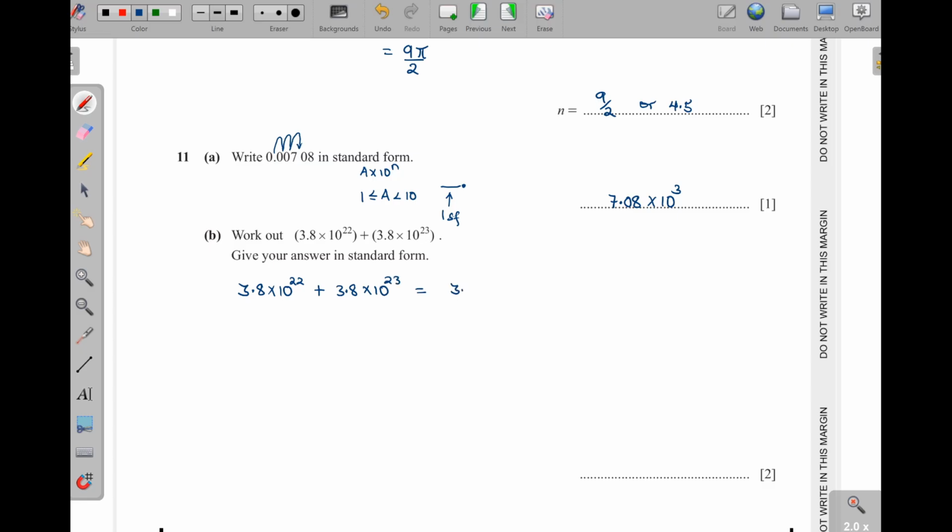This is what you do. First of all, this 3.8, we have to do something to it. But for this one to become times 10 to power 23, this one must be having times 10. Okay, we shall have something like times 10 to power 1, then also times 10 to power 22. Are we there? Such that when I add these two, I get a 23.